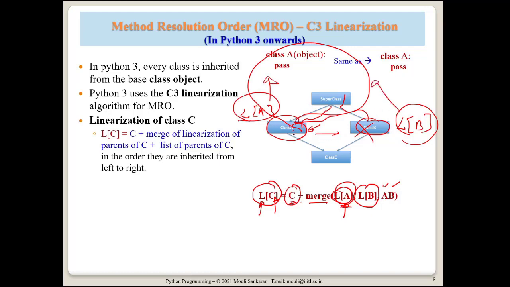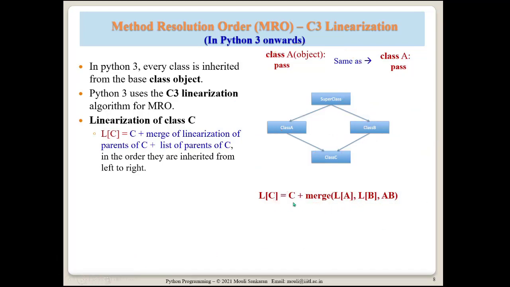It is not going to have A in it, and LA is not going to have B in it. That's why we are adding A and B also in the list for C, because we need to consider the classes A and B separately. But inside LA, anyway, you are going to start with A. That's a different issue, which we will see later.